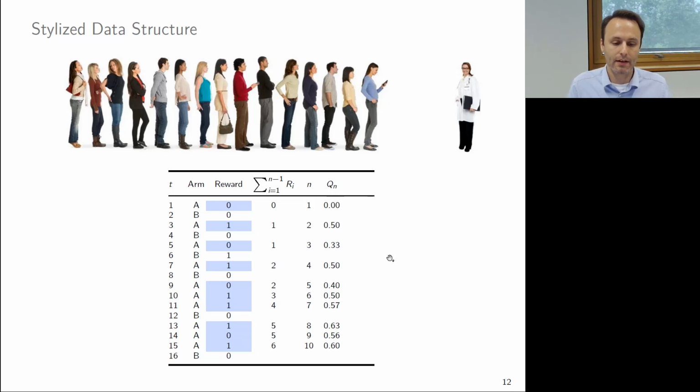And then we can calculate our expected reward. So for example, in round number 3, we have 1 success, 2 trials, is 50% success rate. In round number 15, we have 6 successes, 10 trials, that's 60% success rate.